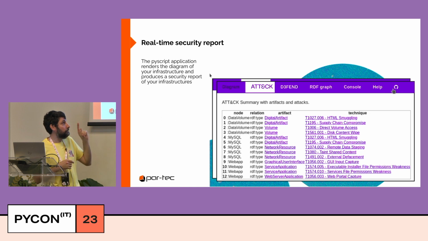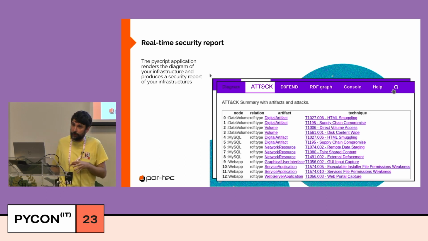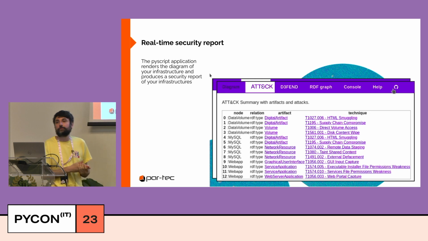So I can read MITRE documentation or the NSA documentation about direct volume access, and maybe they can suggest you can encrypt this disk, for example, or if somebody steals the disk, you need some physical measures to avoid this kind of direct volume access.